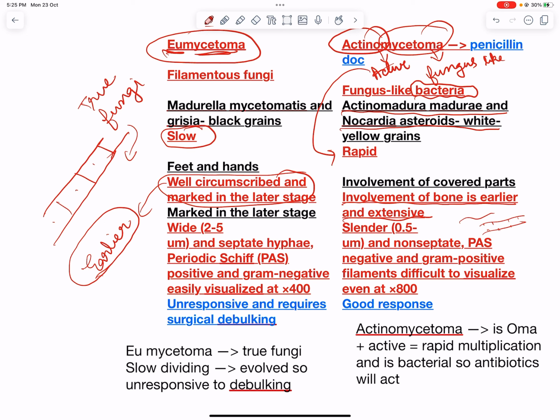And now, since it is a fungus, it will have septate hyphae, periodic acid-Schiff positive, and it would be gram negative, remaining true to what a fungus should be like. And since they are very well adapted, we cannot kill them. We have not devised a drug that can kill these fungi, so they are unresponsive to antibiotics, and they require surgical debulking.